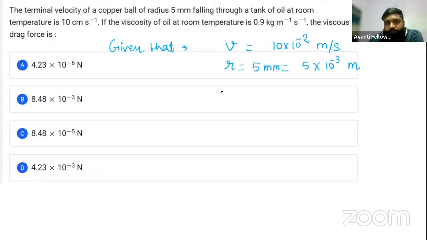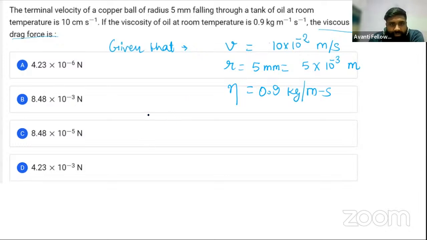Now, one more piece of information is given to you: the viscosity of this oil, which is nothing but the coefficient of viscosity, eta, given as 0.9 kilogram per meter second. Okay. Now, all you have to calculate is the viscous drag force.